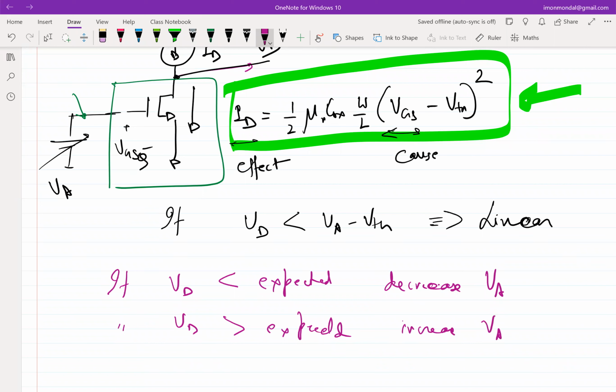Yes. What effect would VA have? So it's already saturated. Okay.